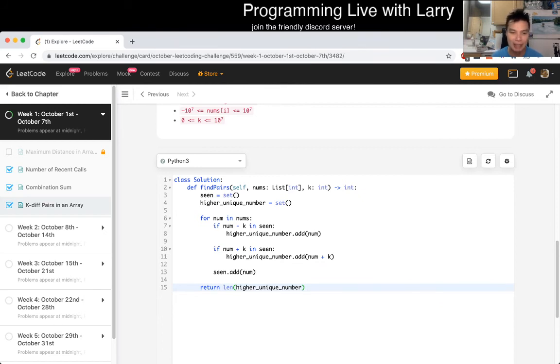But this idea of the seen array is the basis for what I call the prefix sum, or just prefix dynamic programming, where you have to look up something from a prefix, either the sum or some function over the prefix. That comes up a lot in dynamic programming, at least on Leetcode. I've seen it more than I feel like I did, say, 10 years ago. But it is what it is. So definitely practice and familiarize yourself with it.